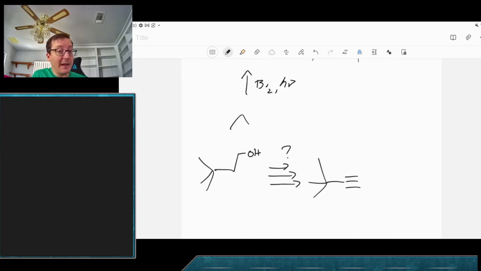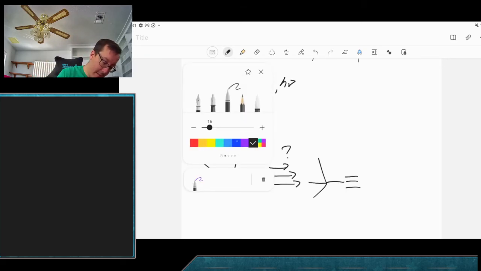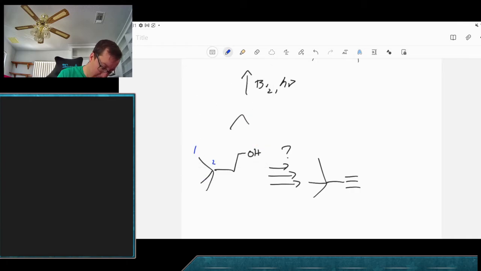Let's take a look at it and ask ourselves what's different with the functional groups. What's different with the carbon chain here? Obviously, from a functional group standpoint, we've gone from an alcohol to an alkyne. And in terms of carbons, let's just count our carbons. We have 6 carbons there, 6 carbons in our product.